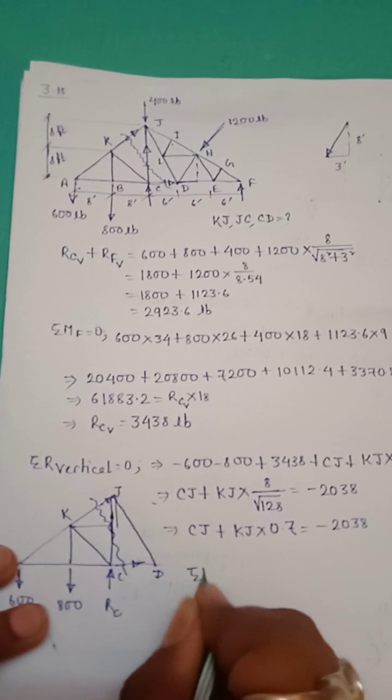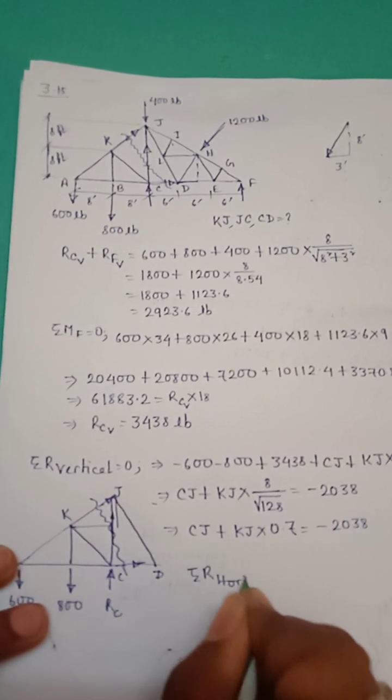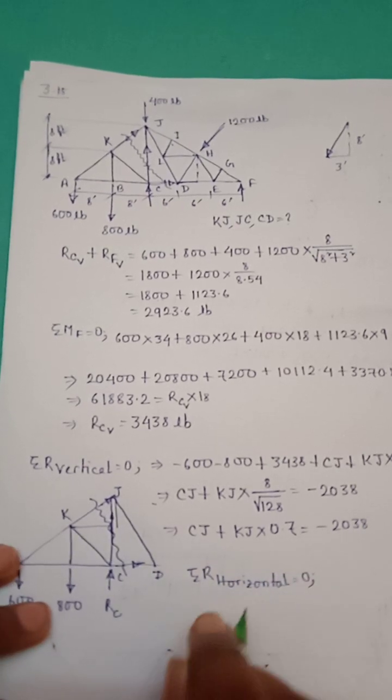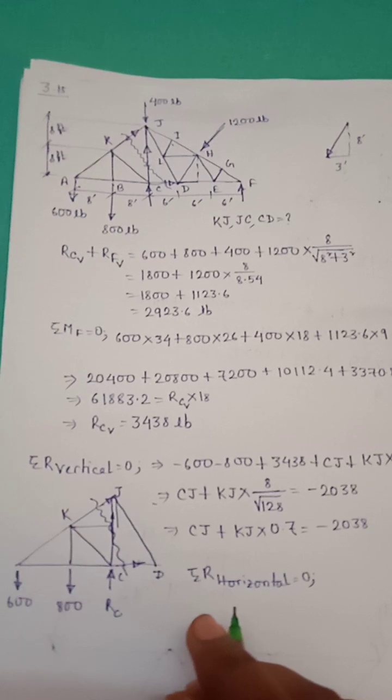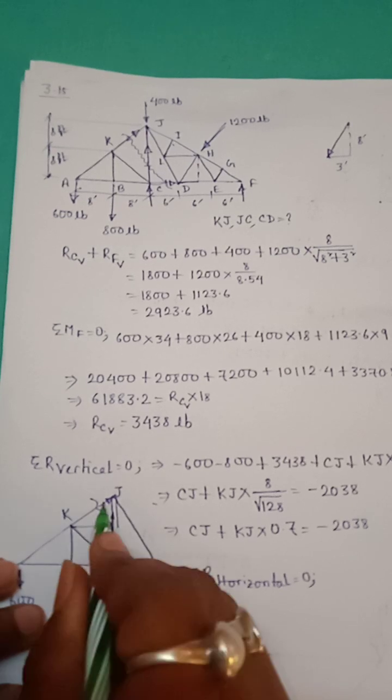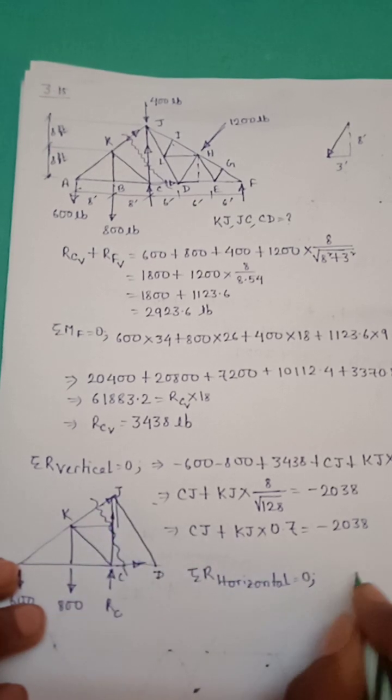Similarly, our horizontal will be 0. In horizontal force, CD is acting and horizontal portion of KJ is acting.